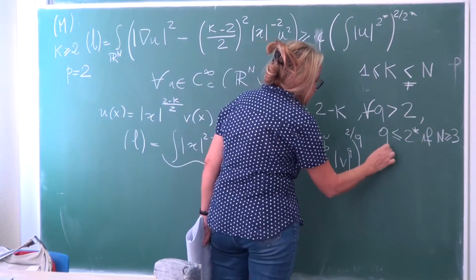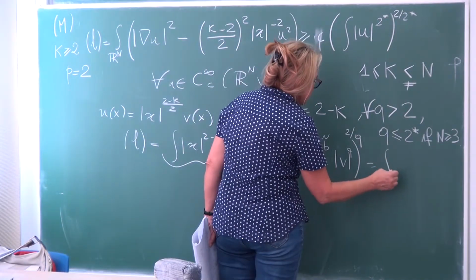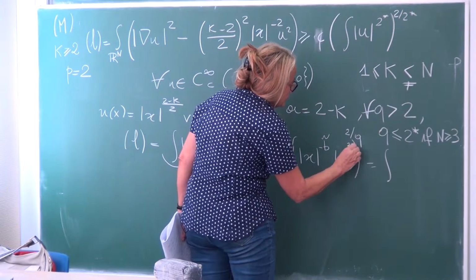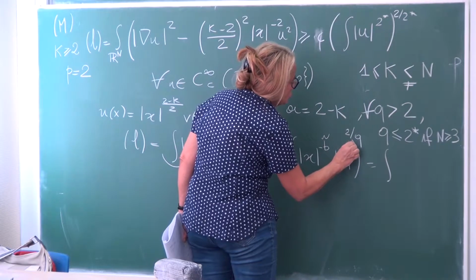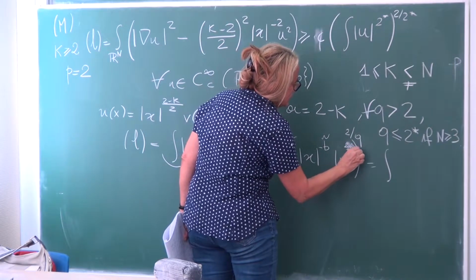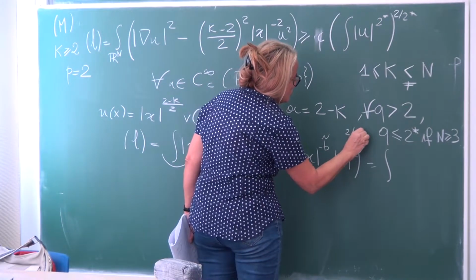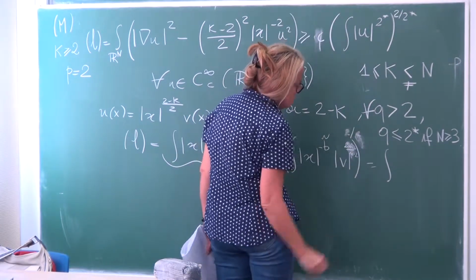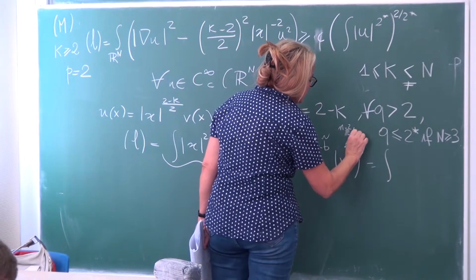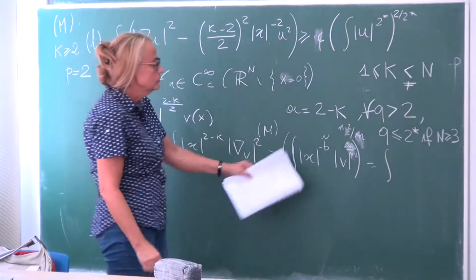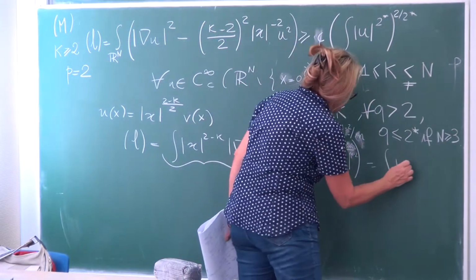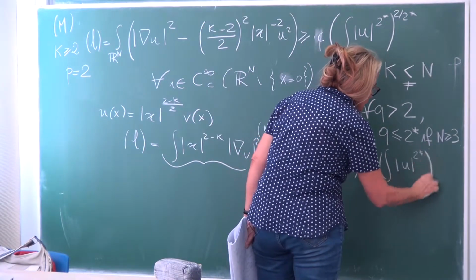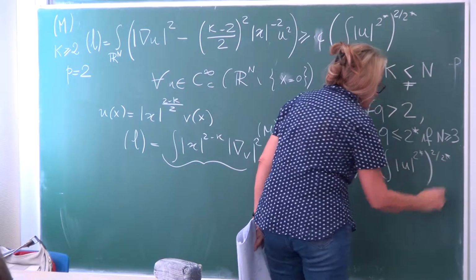Then you go back to u and find, for instance, for 2n over n minus 2, with exponent (n minus 2) over n, that this is u to the critical Sobolev exponent 2 star.